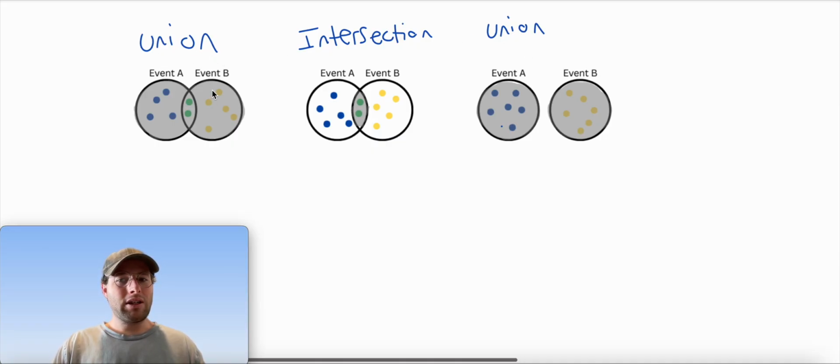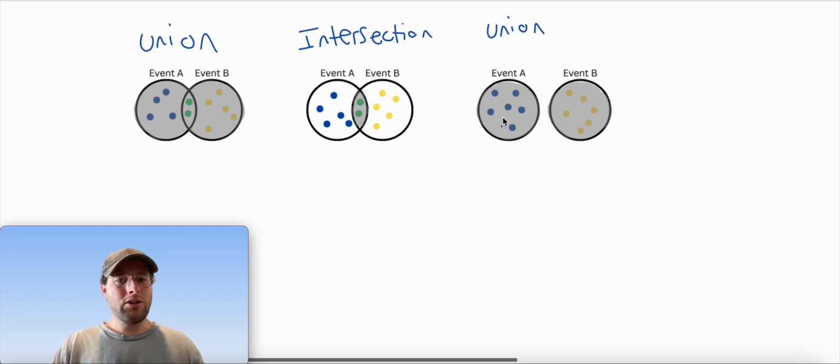But the difference is that in the first case, there is an intersection of the two events, meaning that there are some outcomes that are shared by both events. And when that is the case, the union includes that intersection. But as we can see in the last one, there are no outcomes shared by both events, so we can't include any intersection with that union.